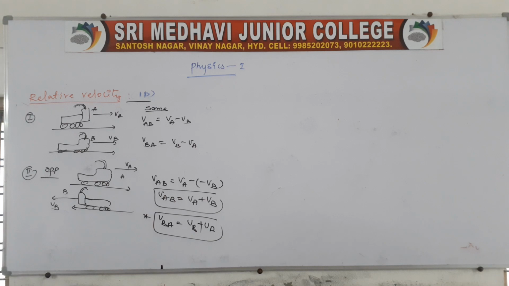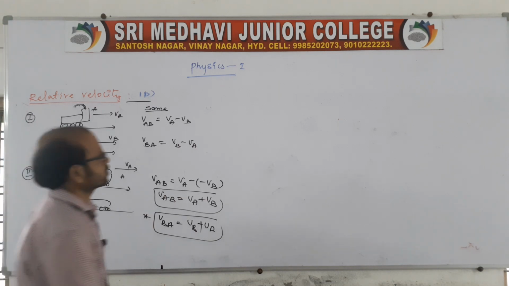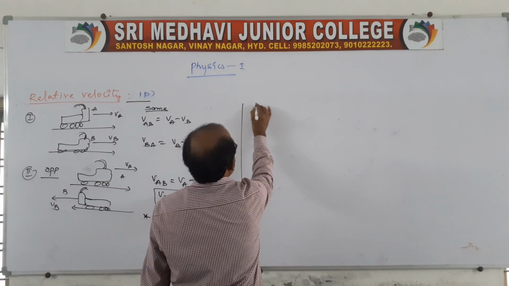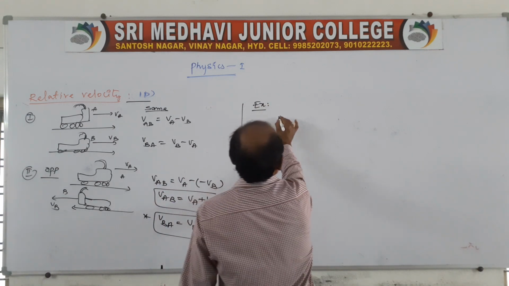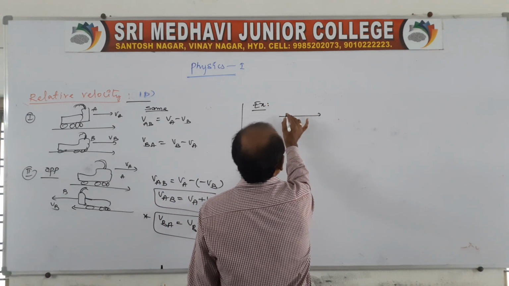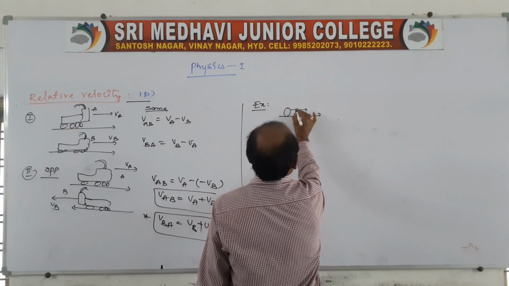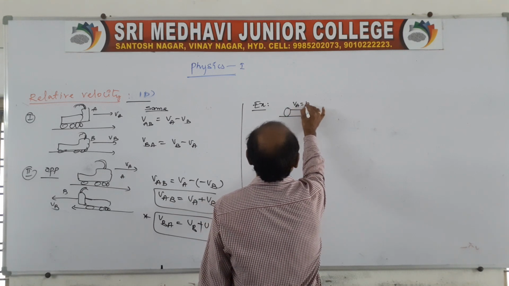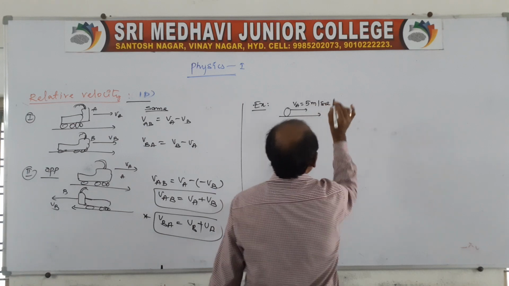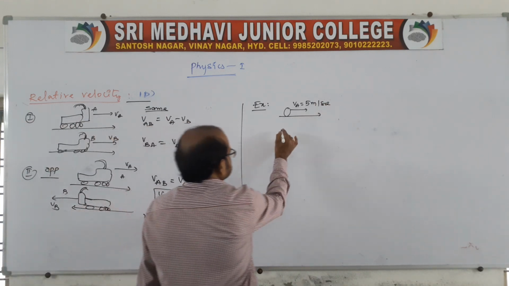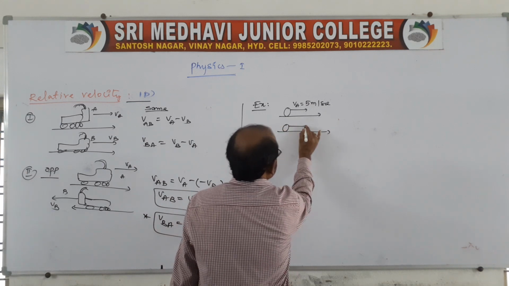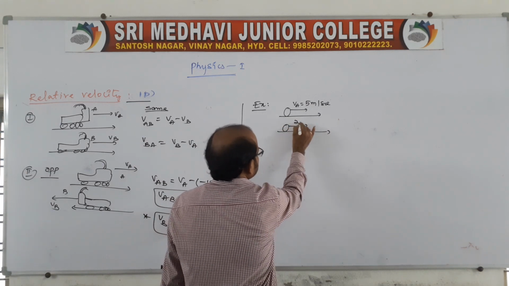On this basis I will give you one small example problem, because you should remember the concept. One body is moving with velocity VA equal to 5 meter per second, and the other body is moving in the same direction with 2 meter per second.